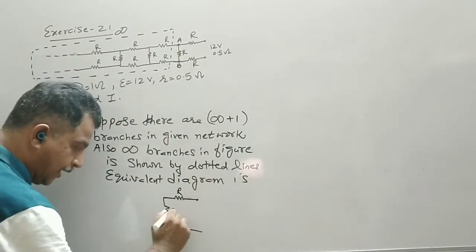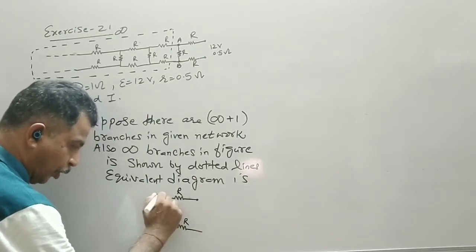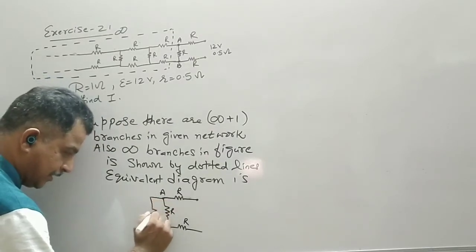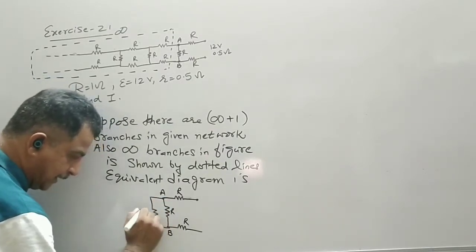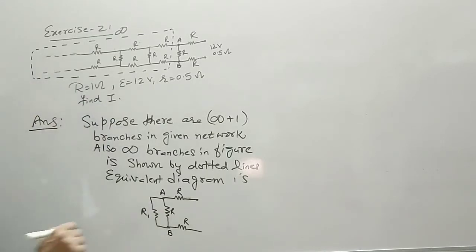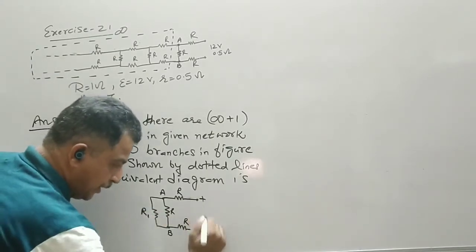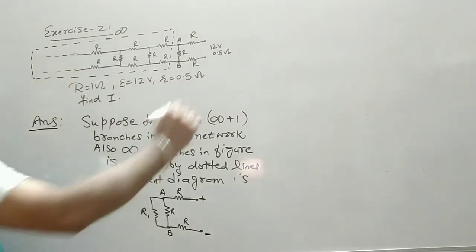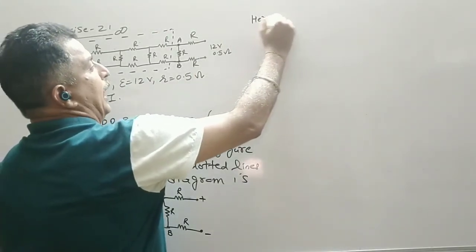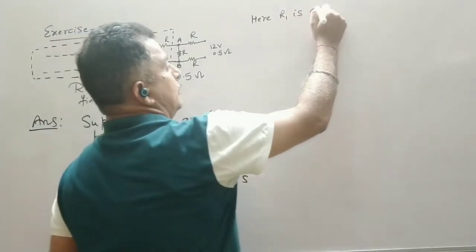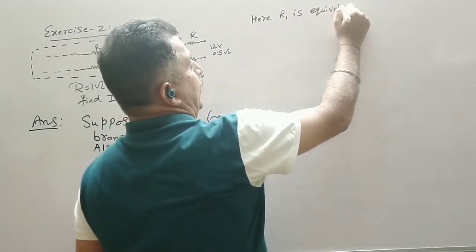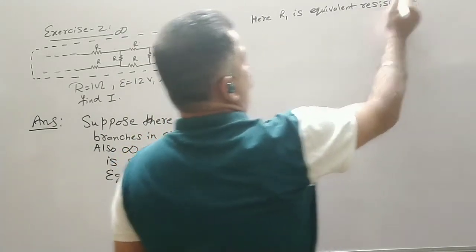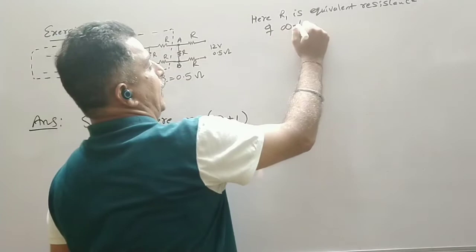So R. These are the points A and B. Let this resistance be named as R1. So this is our battery, plus minus. So the diagram reduced to this. Here R1 is the equivalent resistance of the infinite branch.